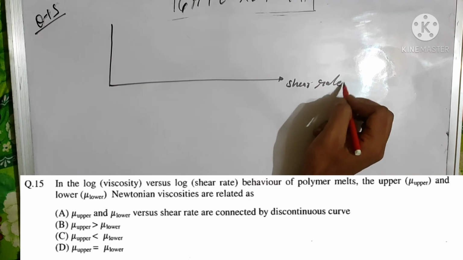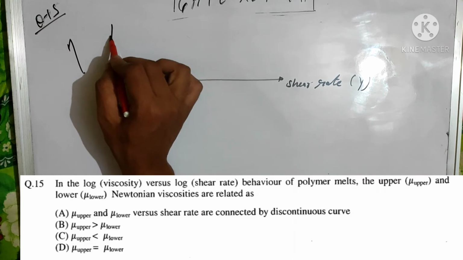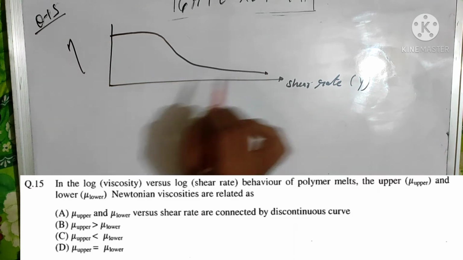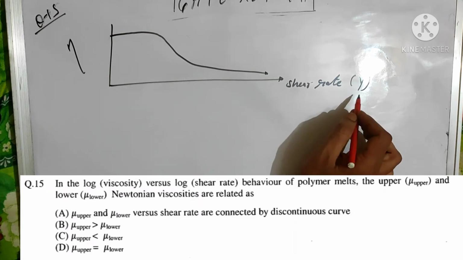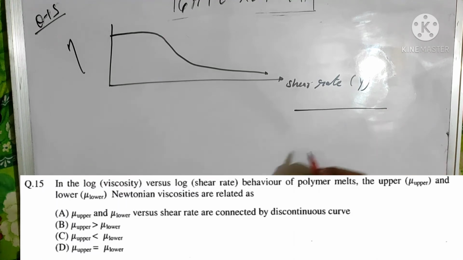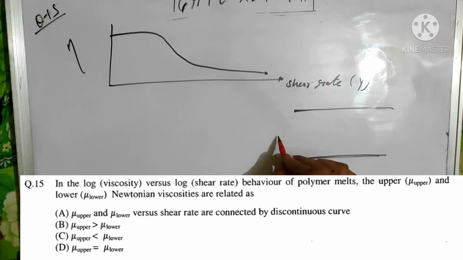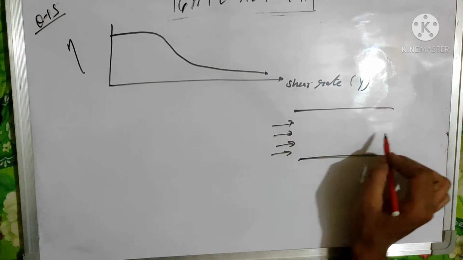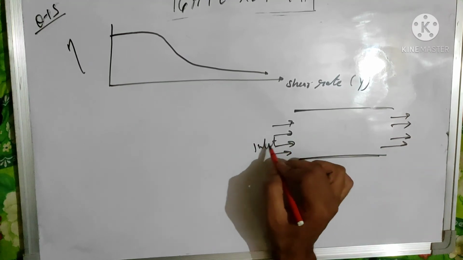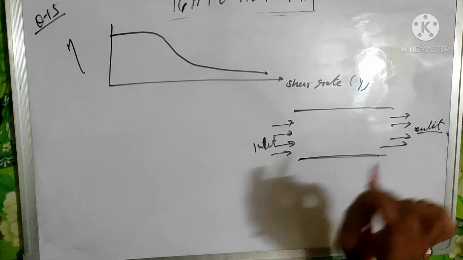Shear rate and eta represent the polymer viscosity. This is the graph between the viscosity and shear rate of the polymer. For a better understanding of the concept used in question number 15, take this as the parallel plate and fluid is flowing in this. This is the inlet and this is the outlet.